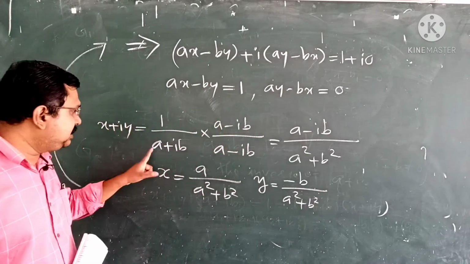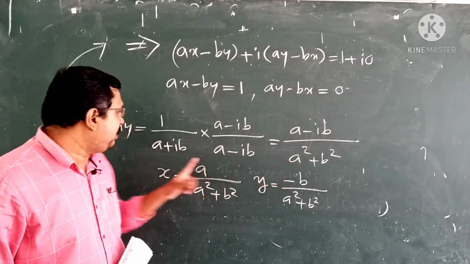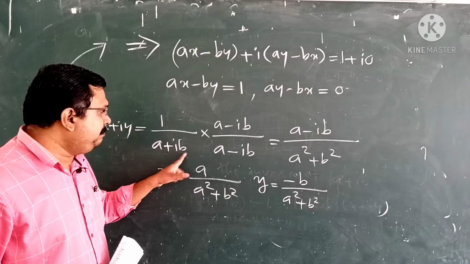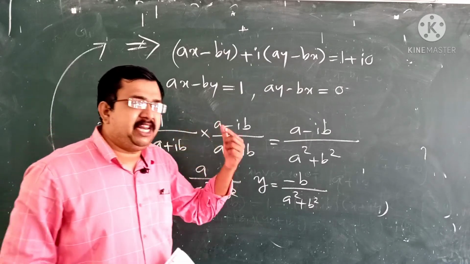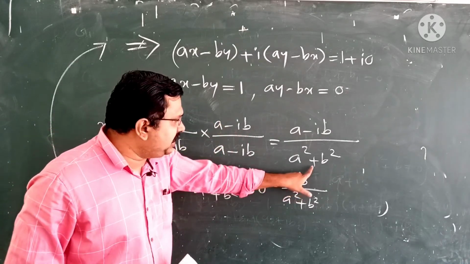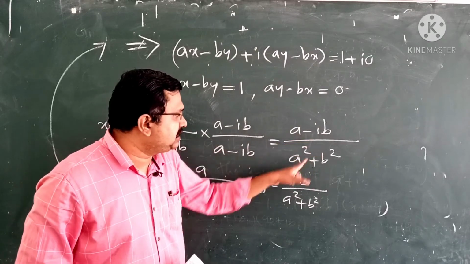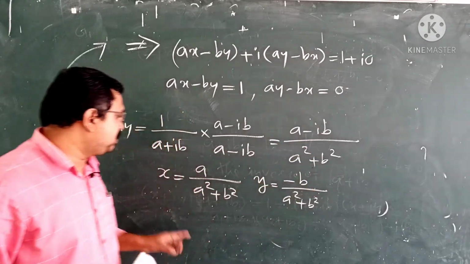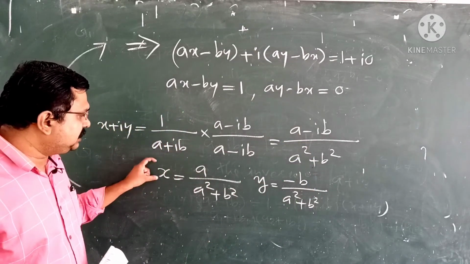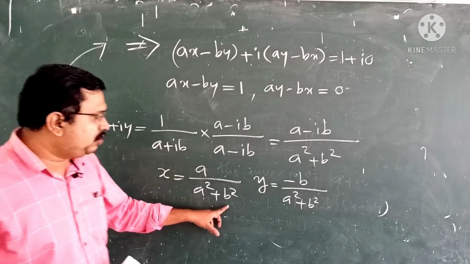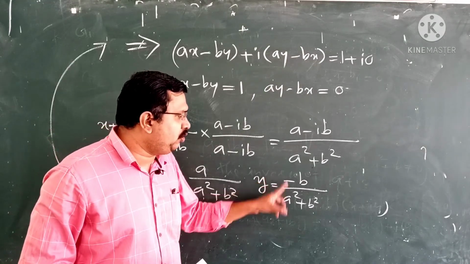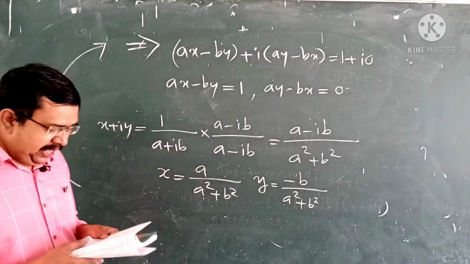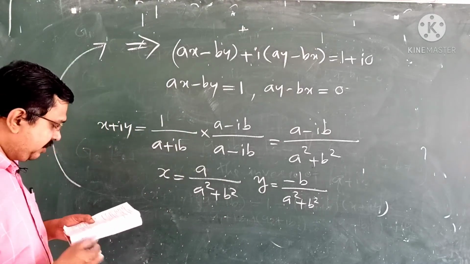Okay, here a into a is a square, minus ib the whole square, that is minus b square. Minus into minus will become plus, a minus ib by a square plus b square. Therefore, the real part is x equal to a by a square plus b square and y equal to minus b by a square plus b square.